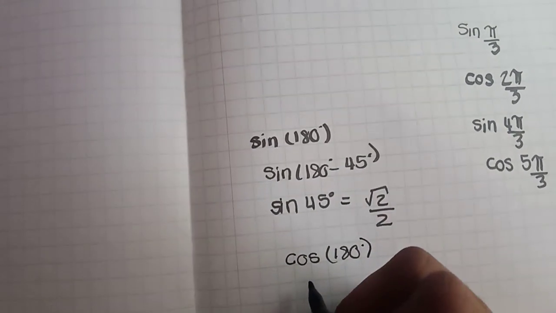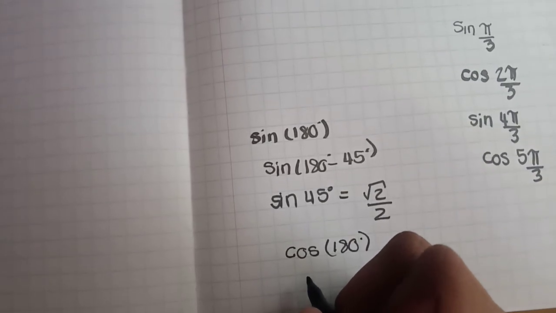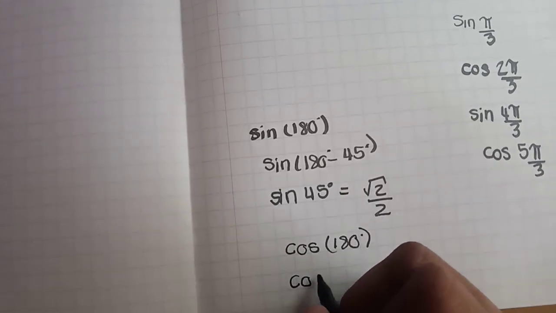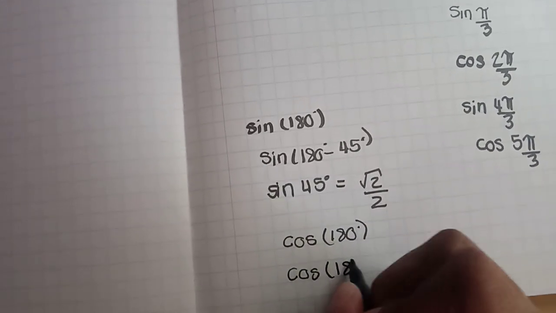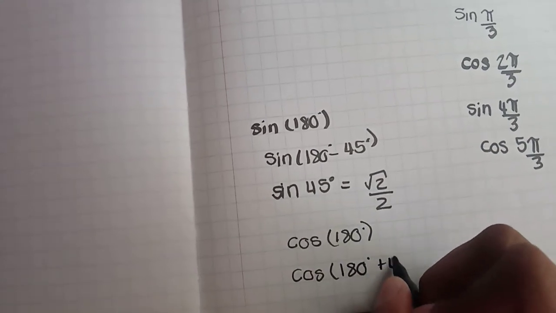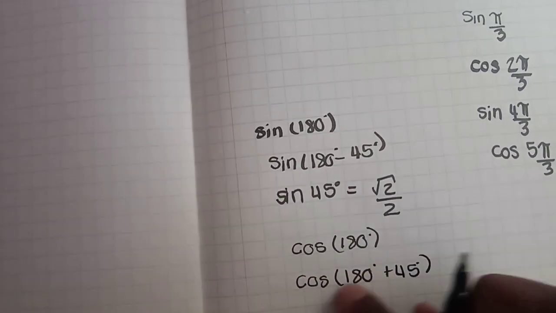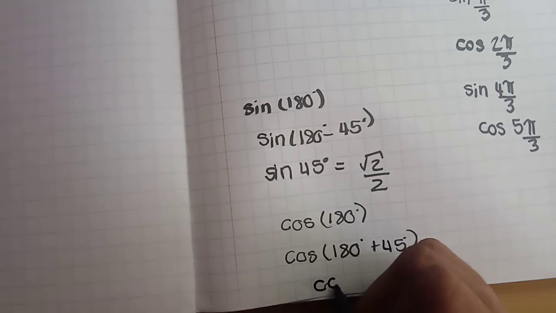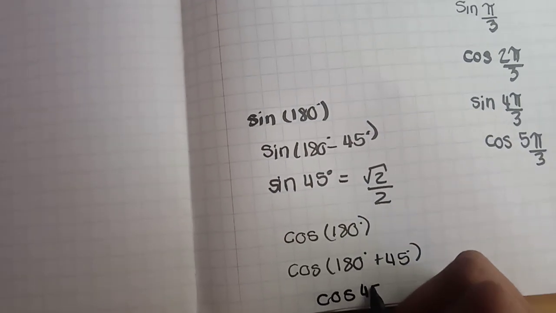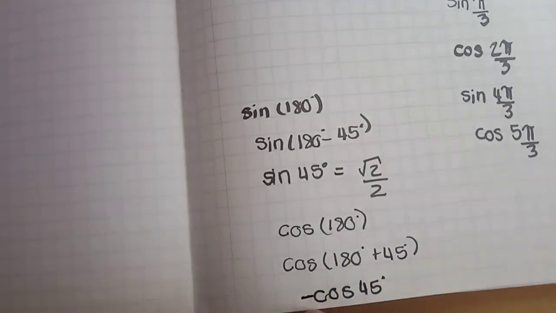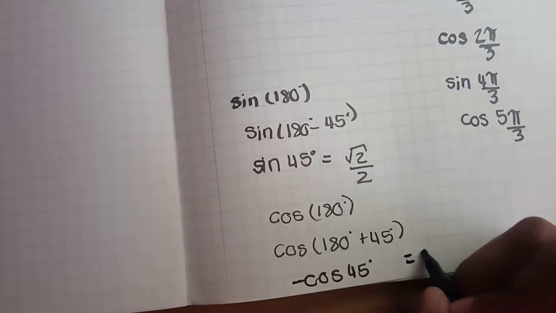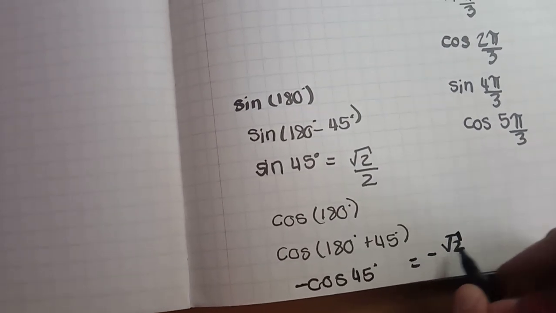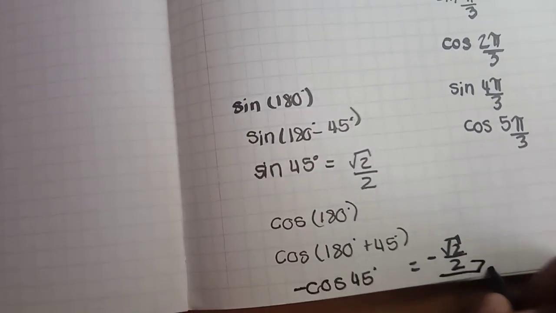We can reduce this into an acute angle by saying cos of 180 plus 45. We now have our acute angle. So then cos 45, when you reduce that, becomes negative cos 45, and in turn that is negative root 2 over 2.